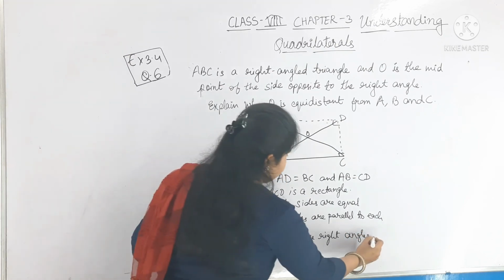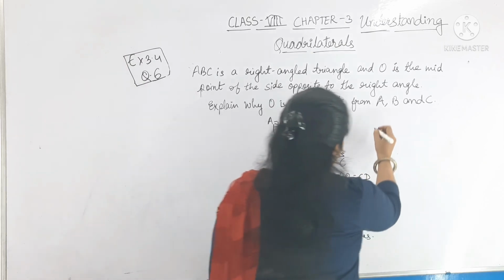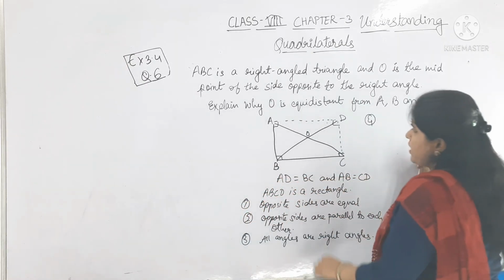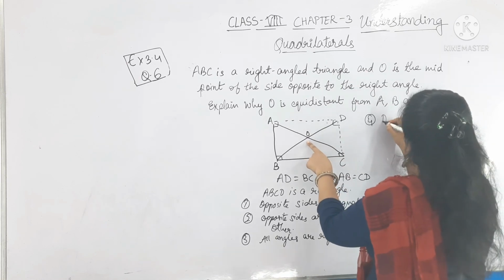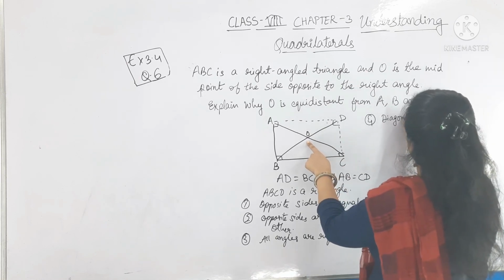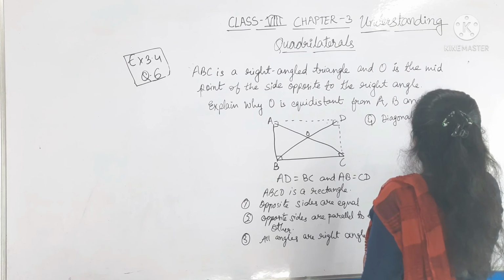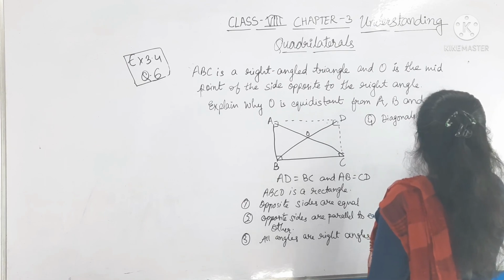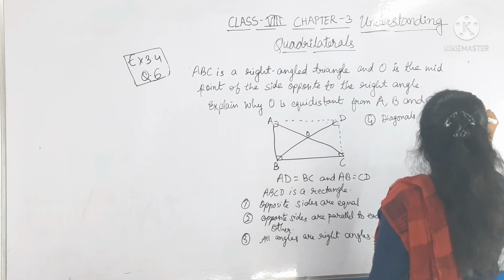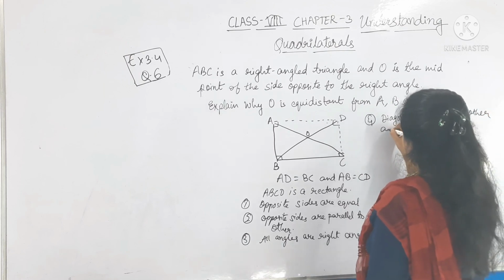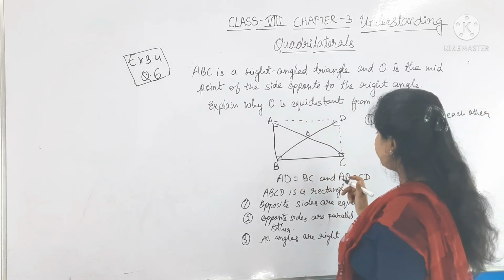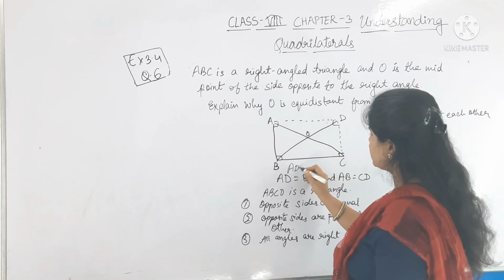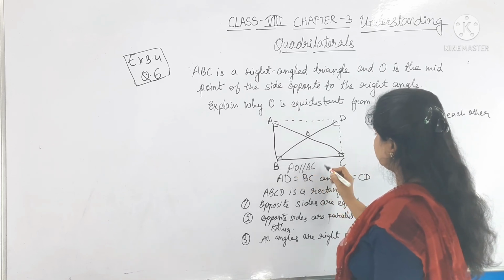Number 4, you can see that the diagonals bisect each other at O. Opposite sides are equal, which means they are parallel also.